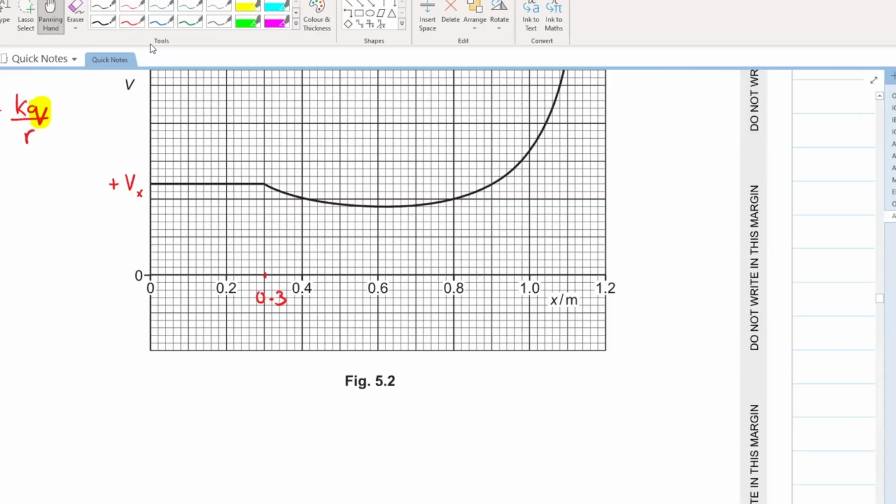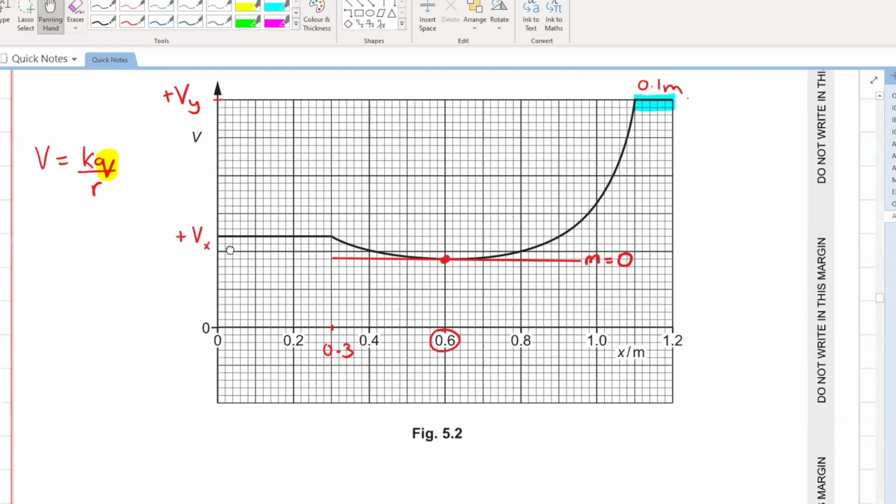If you examine carefully, at this point, the 0.6 meters point, your electric potential graph is getting what? Flattened out, which in other words means that if I draw a tangent here, the gradient will be equal to 0.